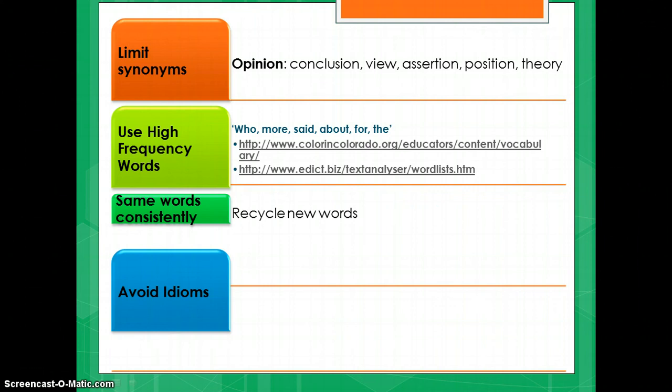Use the same words consistently. So again, by limiting synonyms and using high frequency words, you're recycling those same words more consistently. And when new words come in, just use those few new words over and over again so they can become cemented, if you will, in the learner's repertoire.